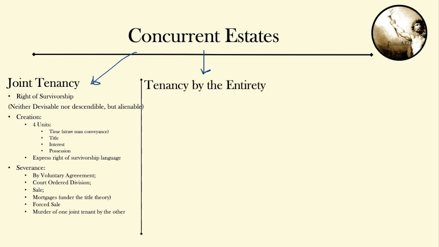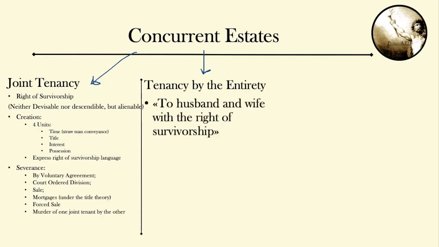The language used to create the tenancy by the entirety is to H and W, husband and wife, with right of survivorship. Husband and wife need to be the joint tenants. So in case of the tenancy by the entirety, for the creation of this interest, one of the requirements is a valid marriage.